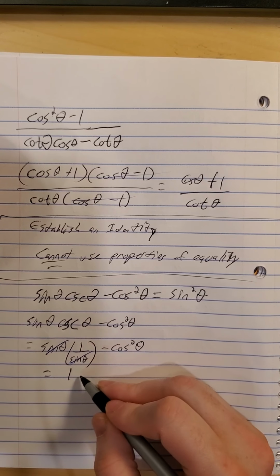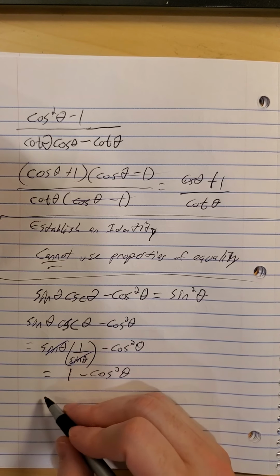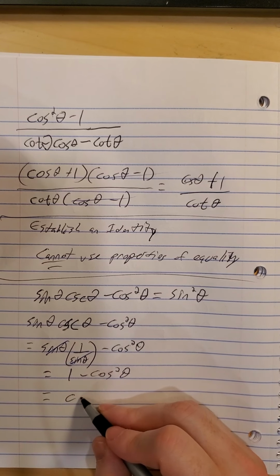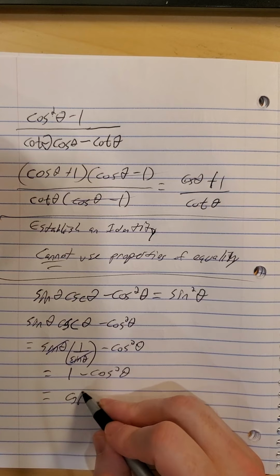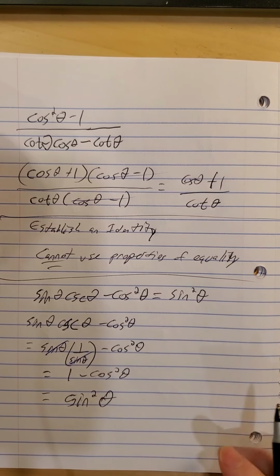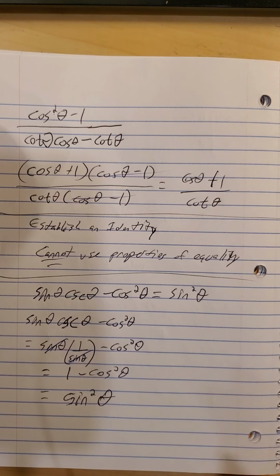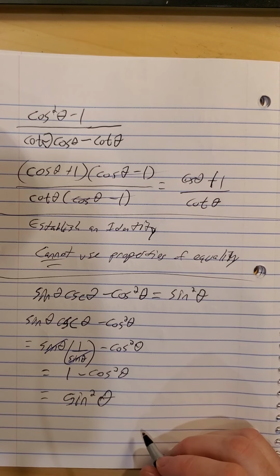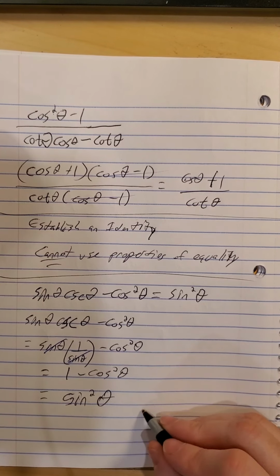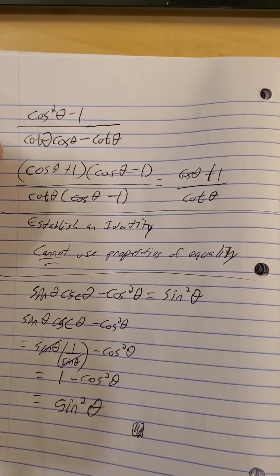So now we're equal to 1 minus cosine squared theta. And that is indeed equal to the sine squared of theta. And that's what we wanted to get at the end. So that's where you can say, yes, we've proven that.